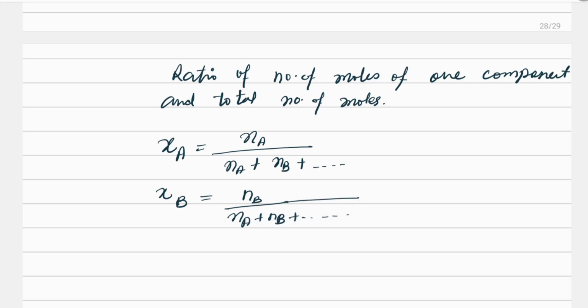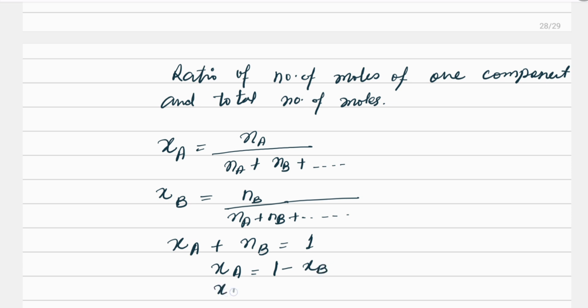One more thing, when we add mole fractions of both the components of a binary solution, the answer is going to come 1. So if one component's mole fraction is calculated, then 1 minus xb can be done.